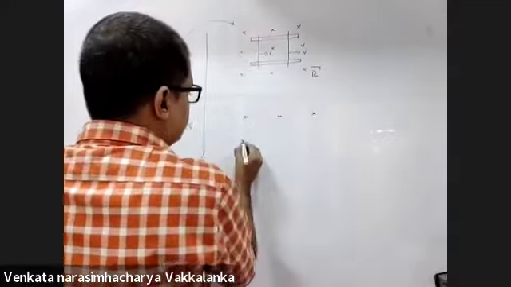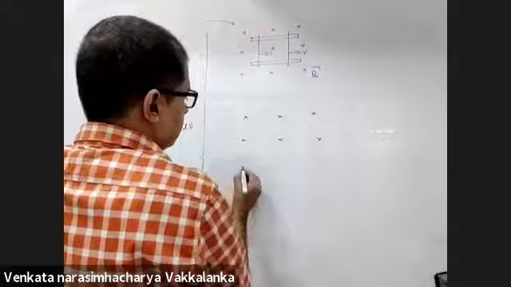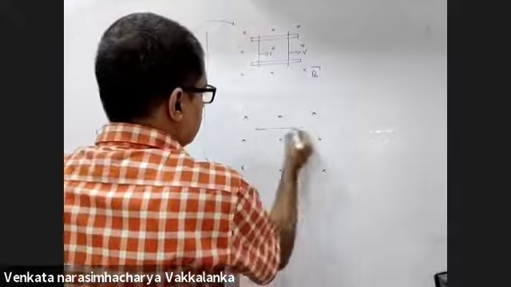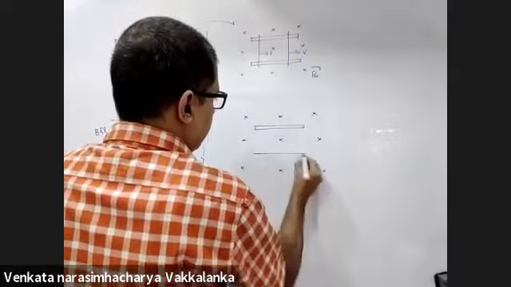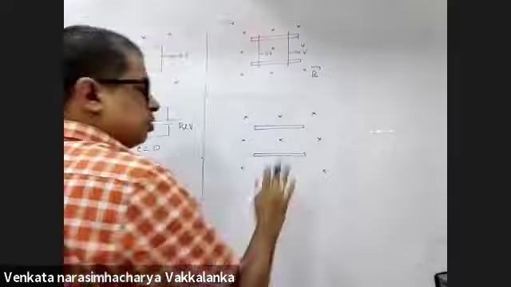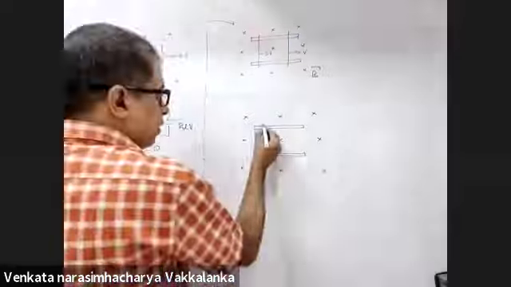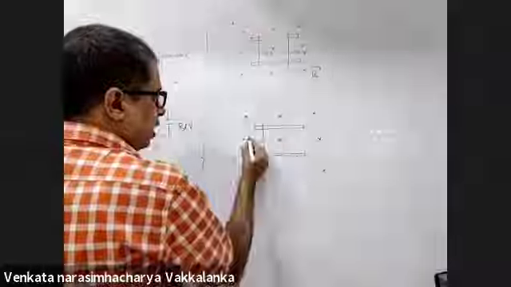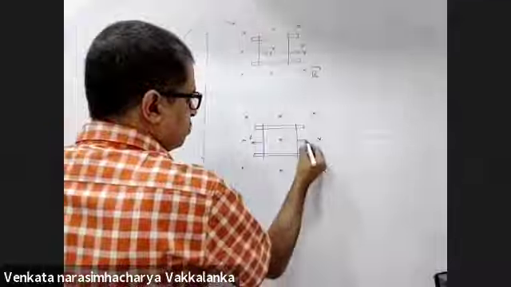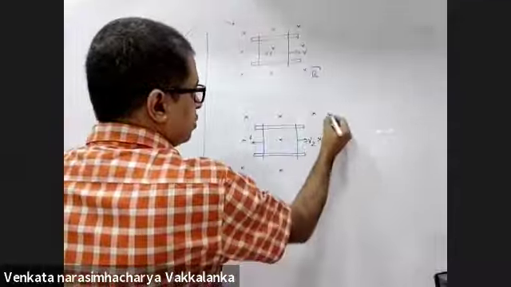Now, for a change, I have two thin strips smooth fixed. This is moving to the left with a velocity v. This is moving to the right with a velocity of v.